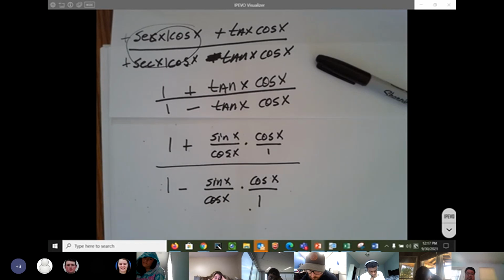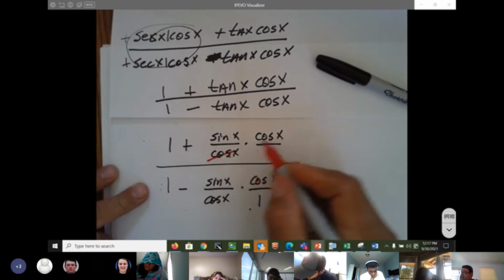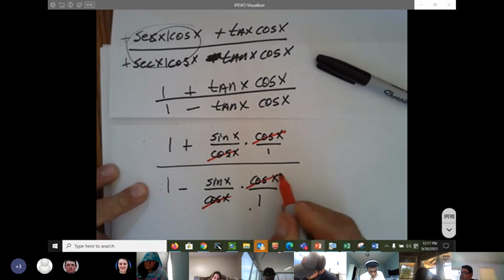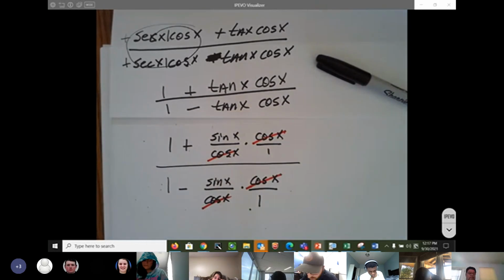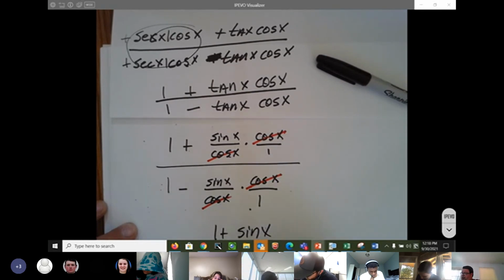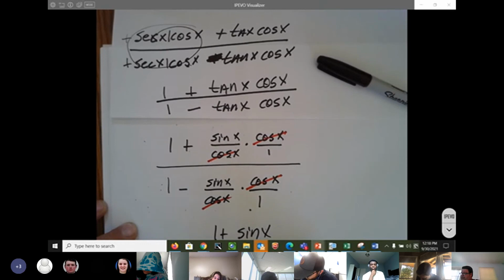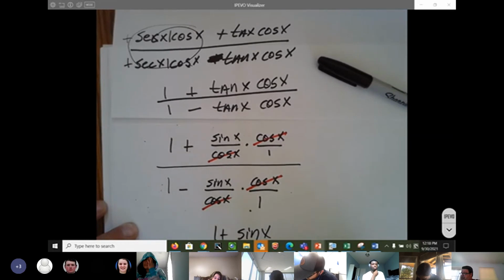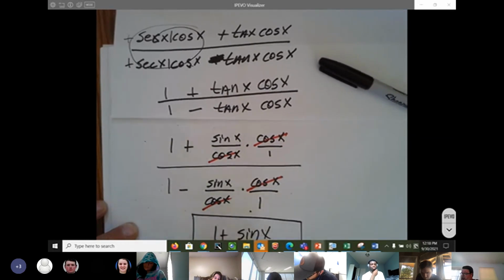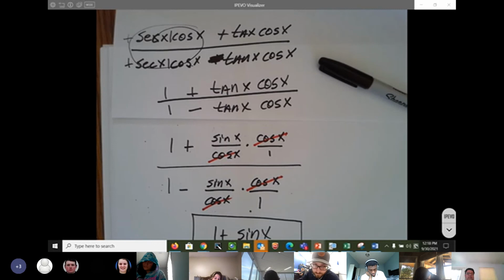What happens to the cosines? You're left with 1 plus sine of x over 1 minus the sine of x. Now let's keep that in our brain housing group. And now let's do the right-hand side.